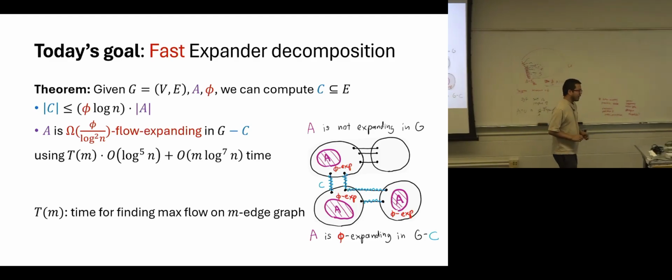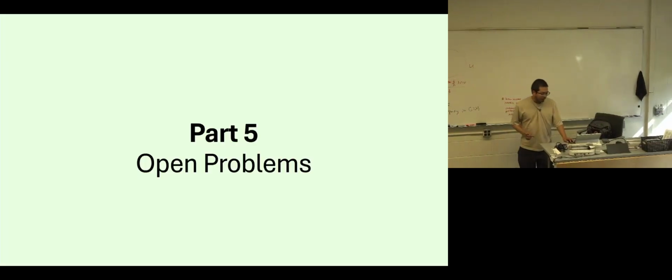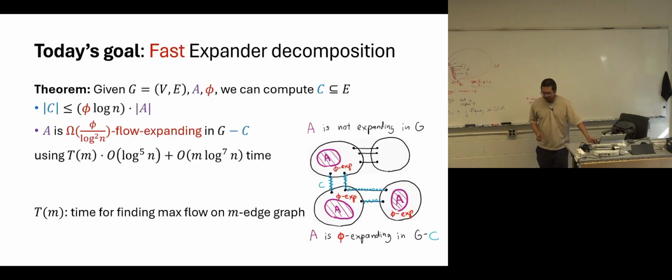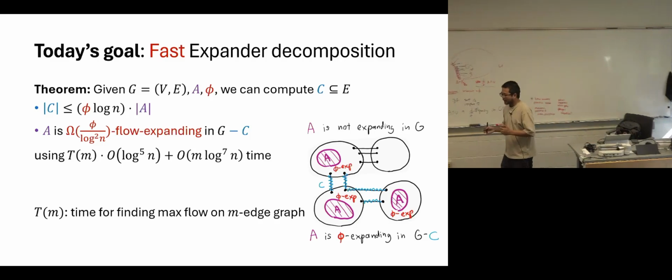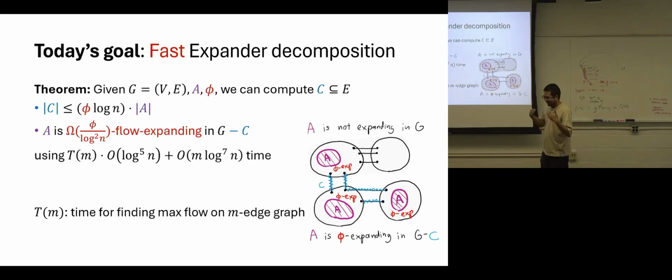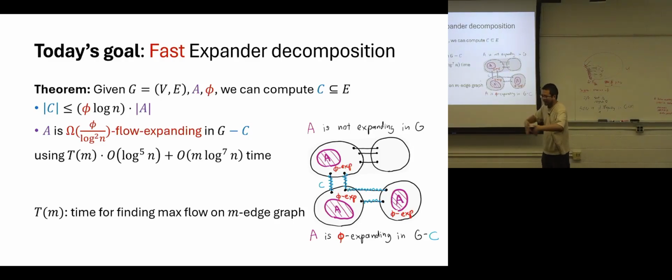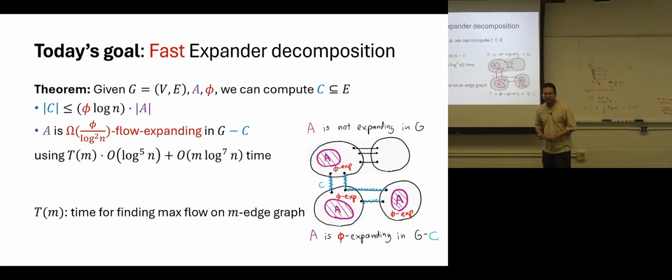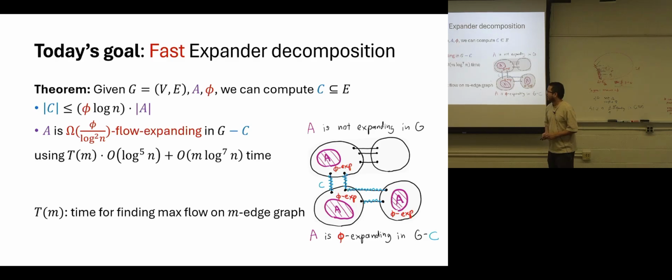I'm just going to talk about some open problems next time, but for now, once we get fast expander decomposition and a fast expanding balanced separator, it's almost like the whole theory that we have developed so far. You're going to get fast algorithms throughout, except for one thing, a three-cut sparsifier, a three-flow sparsifier. We don't have that yet. We will do that next week. And then the whole theory is fast.